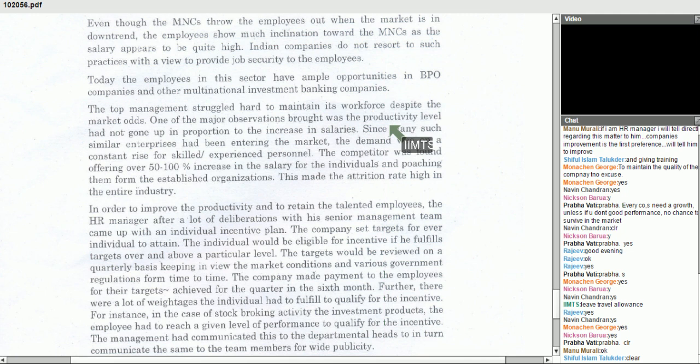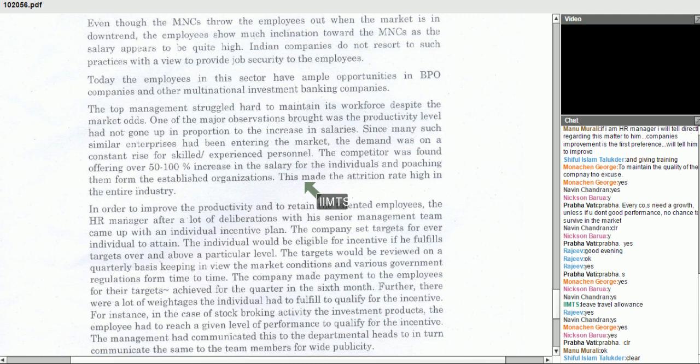One of the major observations brought was the productivity level had not gone up in proportion to the increase in the salaries. Since many similar enterprises had been entering the market, the demand was on a constant rise for skilled or experienced personnel. The competitor was found offering over 50 to 100% increase in the salary for the individuals and poaching them from the established organizations.